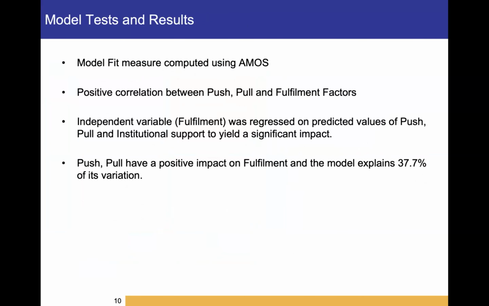A goodness of fit measure was first computed, and the validity of the model was first tested. A positive correlation was established between the push, the pull, and the fulfillment factors. There is a positive impact when the students have an intervention, through the university, the institution, the mentors, or the faculty who are driving them to understand the push and pull towards the preferred global student mobility program.